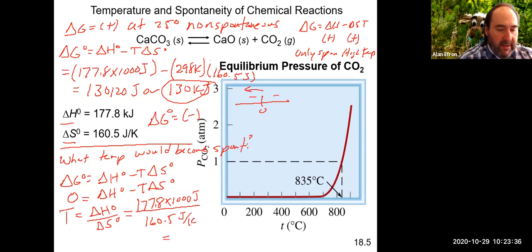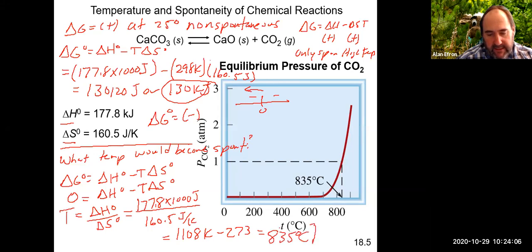If we do all that, 177.8 times 1,000 divided by 160.5 gives us something like 1,108 Kelvin, which if we subtract 273 from it, gives us 835 degrees Celsius.